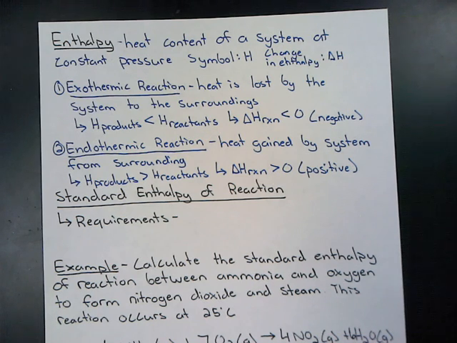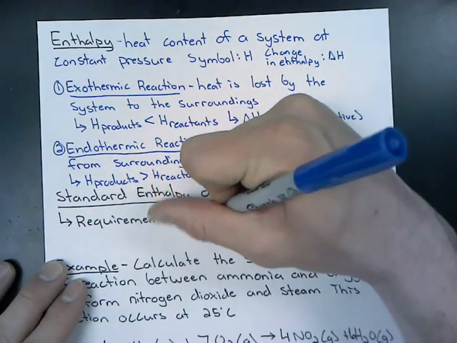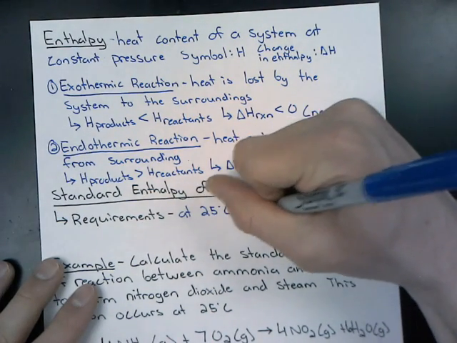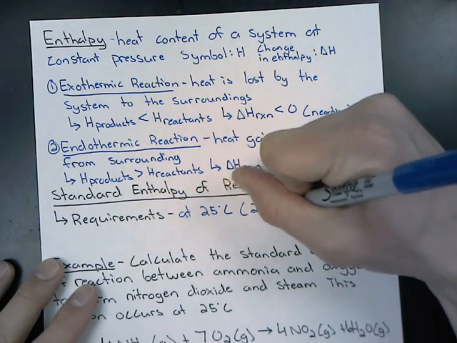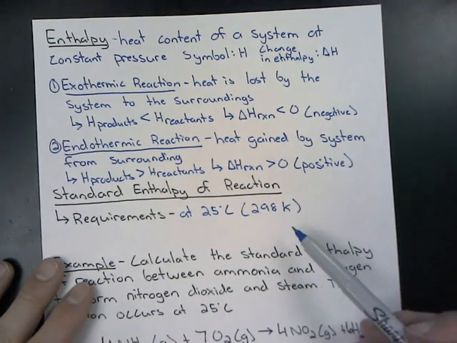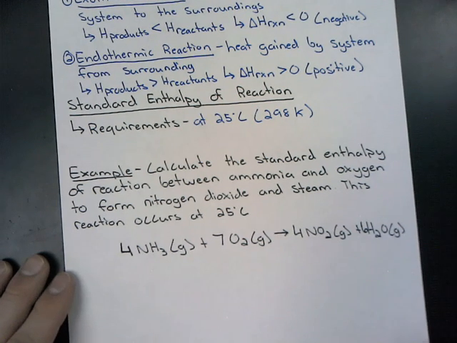We have to have a reaction at 25 degrees Celsius, which, if you convert this to Kelvin, is 298 Kelvin. If we have that, we can do some pretty easy standard calculations.